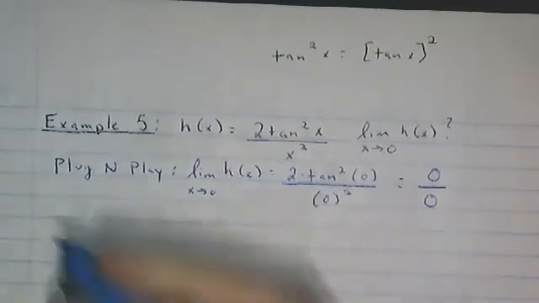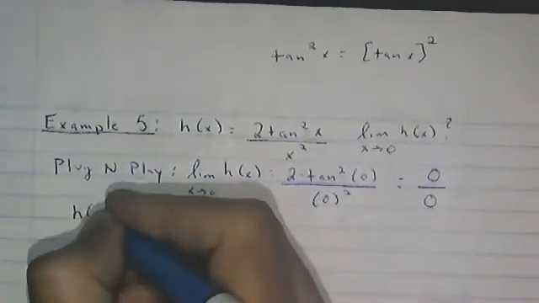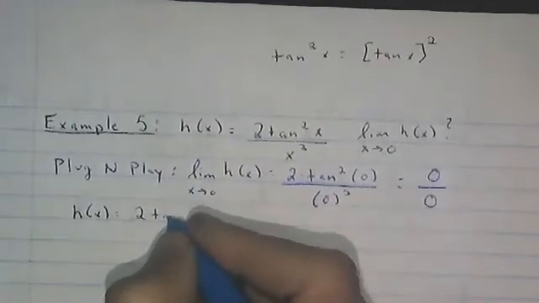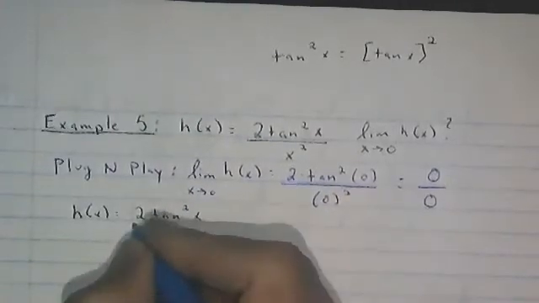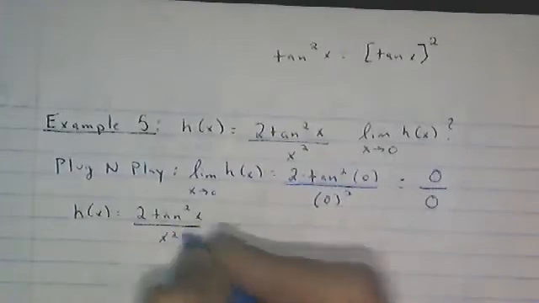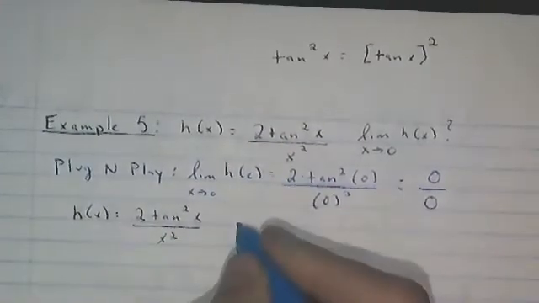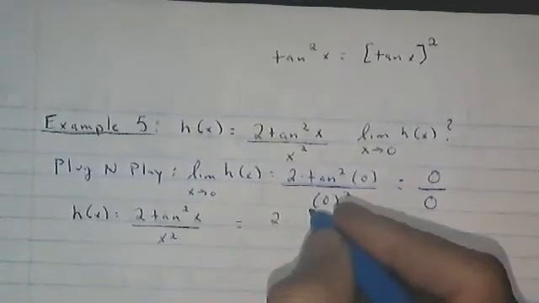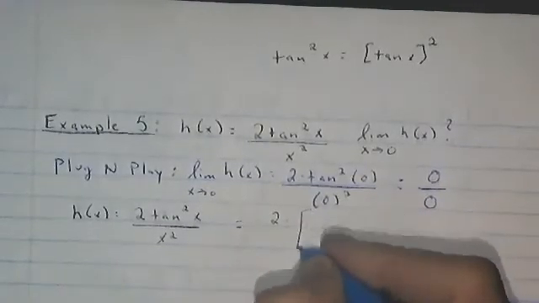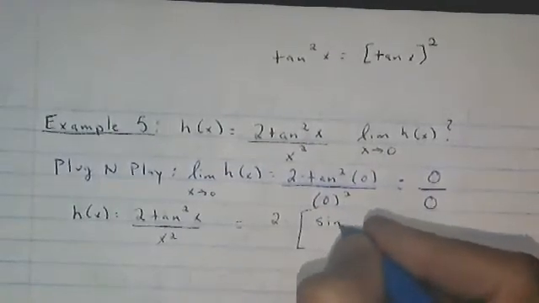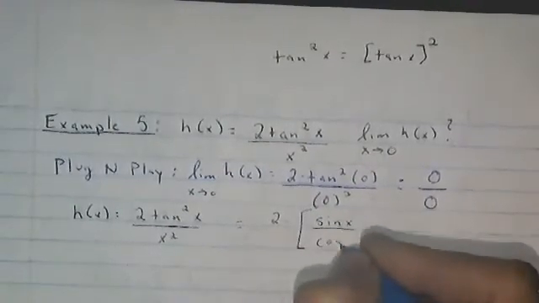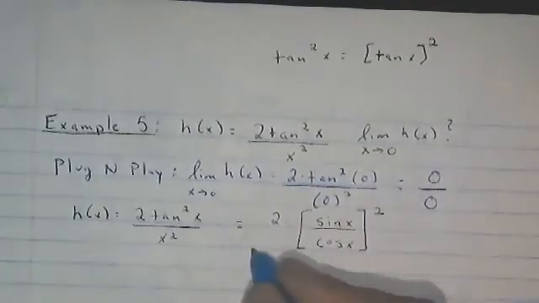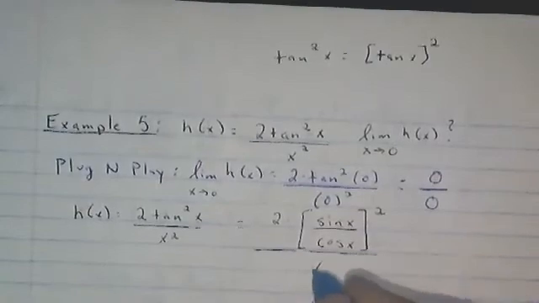Meaning, h of x, 2 times tan squared x over x squared, we can instead write as 2 times, brackets, sine of x over the cosine of x squared, all divided by x squared.